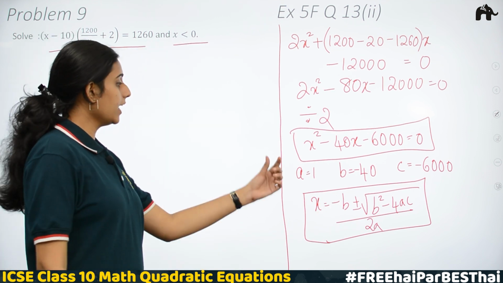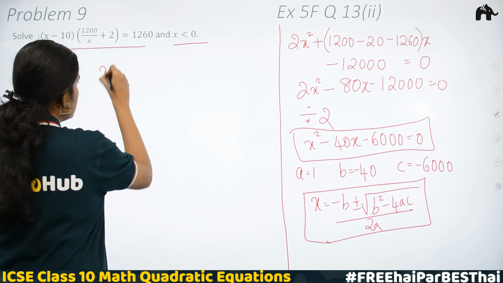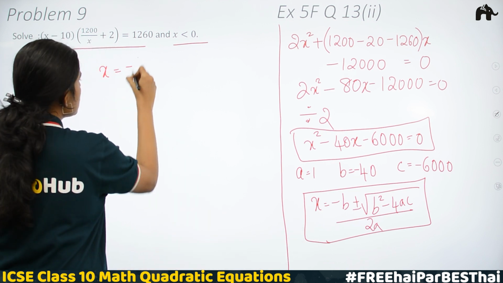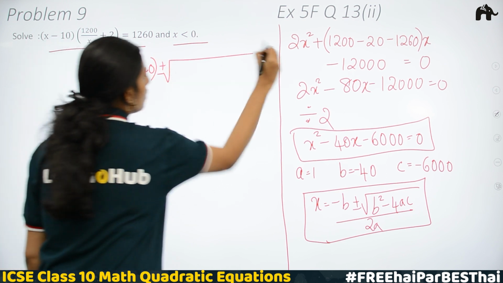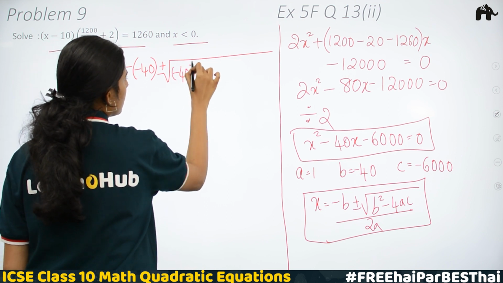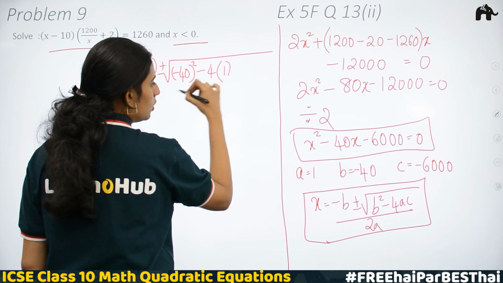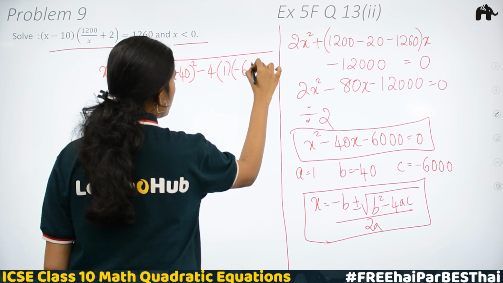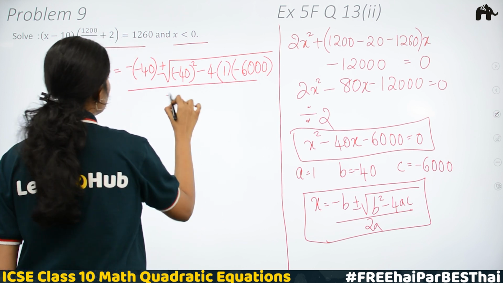Substituting values of a, b and c in this formula, x is equal to minus of minus 40 plus or minus root of minus 40 square minus 4 into a is equal to 1 and c is equal to minus 6,000, divided by 2 into 1.